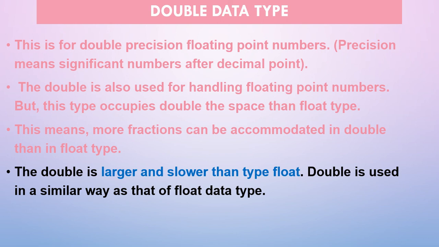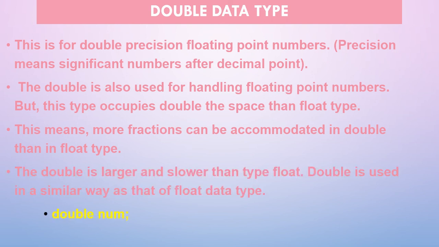Double is the same way: it is larger than float. The double size is larger than float and it is slower than the float data type because it takes more time to do the operations here. So for the declaration, the double keyword should be used along with a variable name. If we give it like this, then in double you can store the integer value as well as the fractional value.